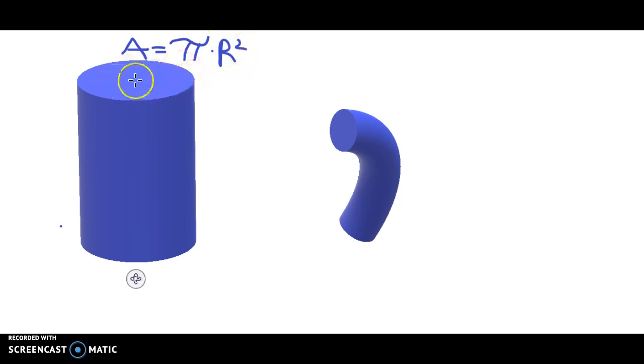Again, there's our radius. If it's the diameter that you know, then all you have to do is cut that in half first, so it becomes pi times half the diameter, then squared, or multiplied by itself. And then we have the height, or if you want, it's the length of the pipe.